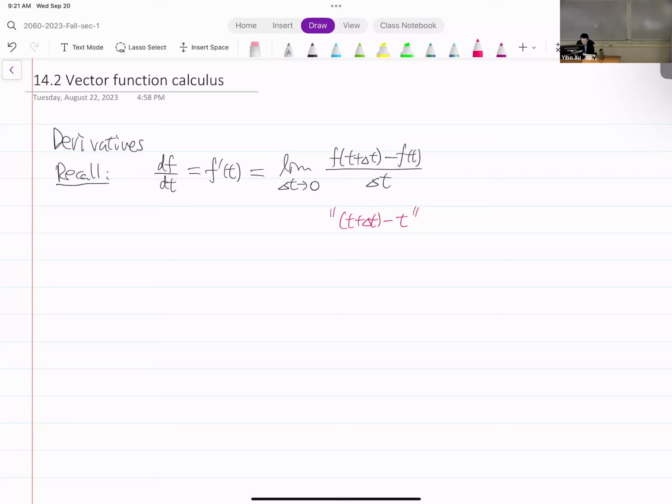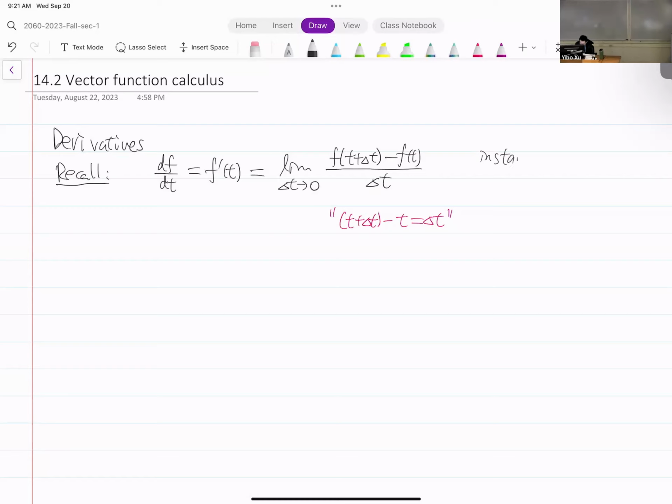So that's exactly what you have in the denominator, which is of course delta t. So basically, this is the definition of the derivative at whatever point t. Right? So this is in terms of the physical context.